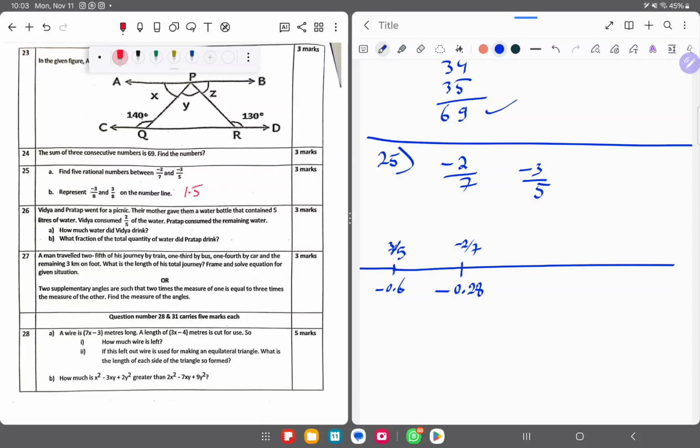A number that cannot be expressed in this form, like a square root, is considered irrational. Now she said rational numbers. We didn't study irrational numbers yet, or imaginary numbers. So we're still speaking about rational numbers, and I need any 5 rational numbers.